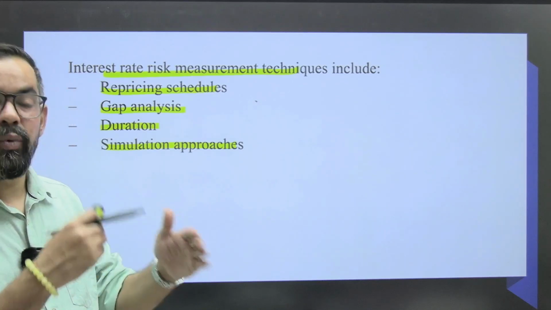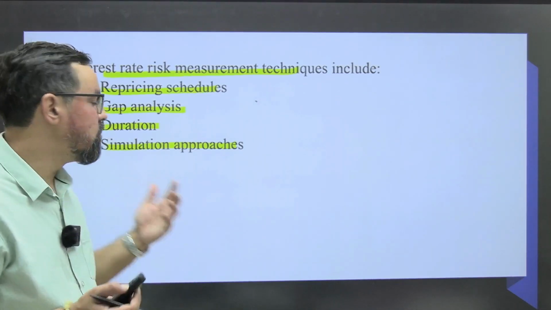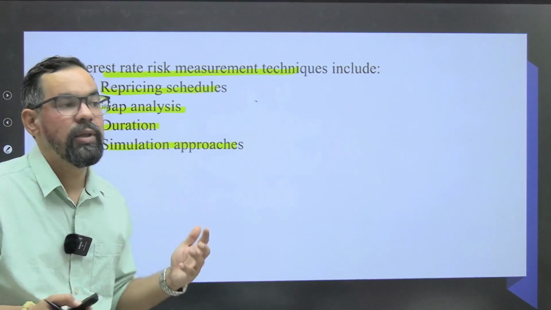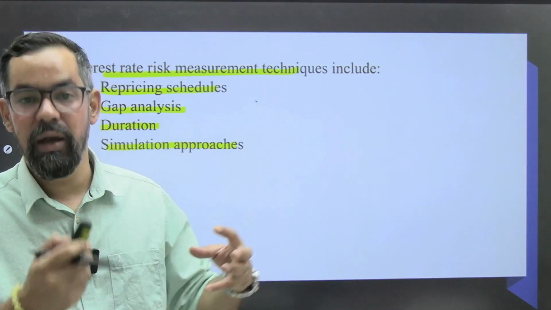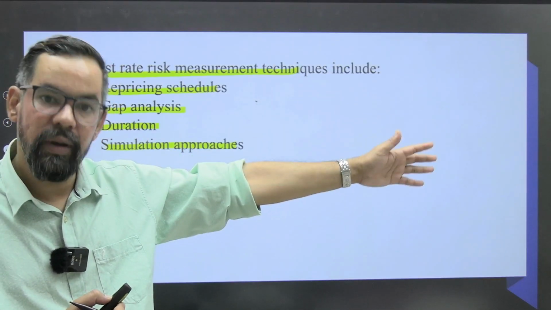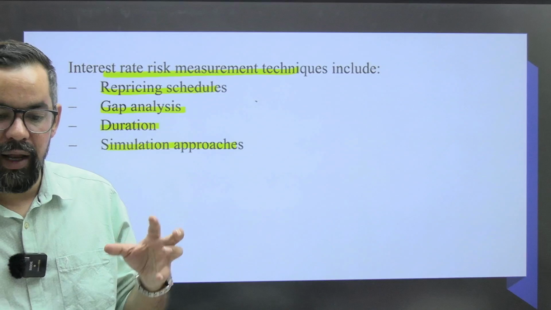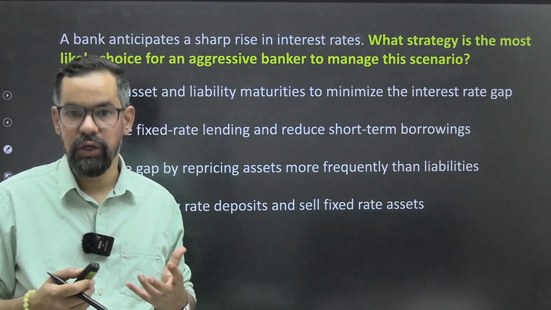How long we have to hold that particular asset so it will start generating profit for us. Simulation is something where we generally test different real market scenarios. If it will happen, so what will be the impact? If that will happen, so what will be the impact? ठीक है, तो हम अलग अलग scenarios को आपका test कर रहे होते हैं, ठीक है, through our stress testing and all. Alright, next one.